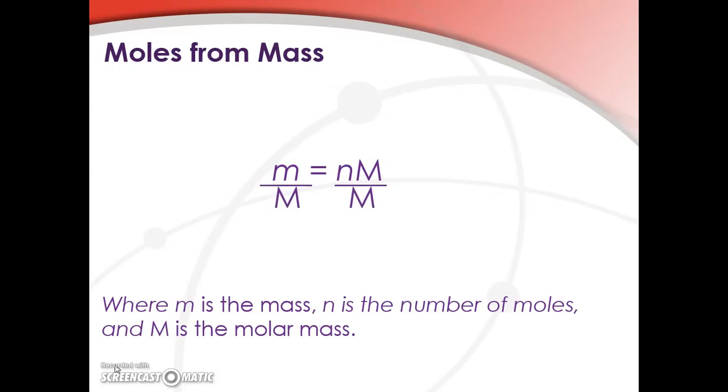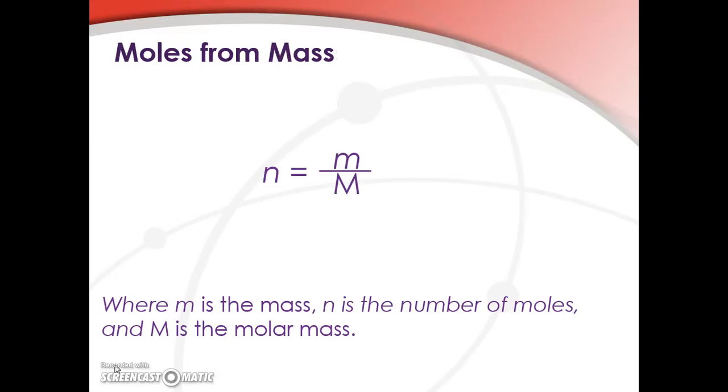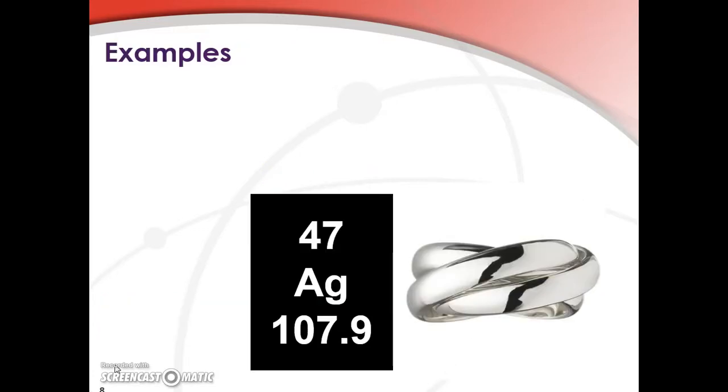If we divide both sides by the molar mass, we get n equals the mass over the molar mass. The number of moles is equal to the mass divided by the molar mass. Okay, so this is the equation we're going to use for the first part of today.